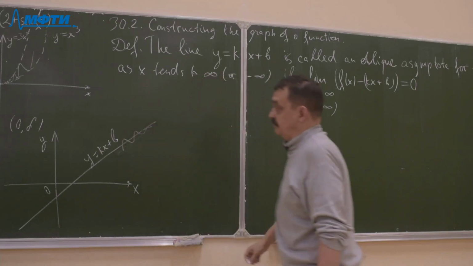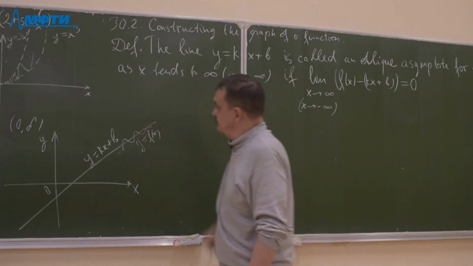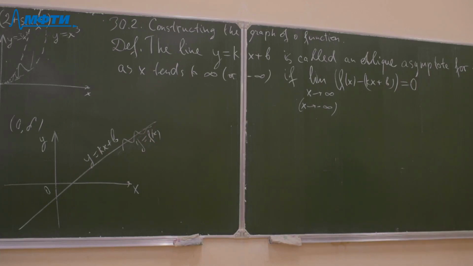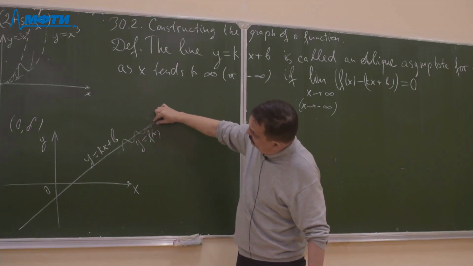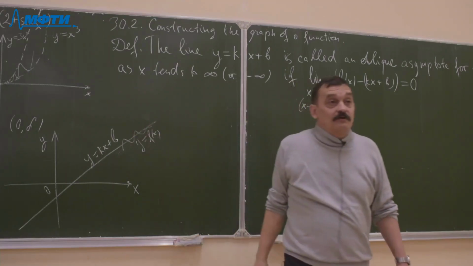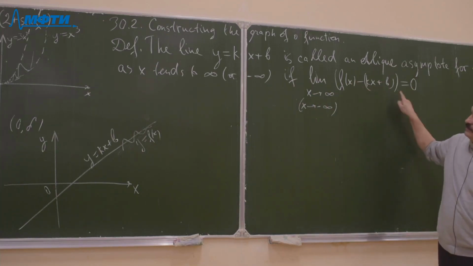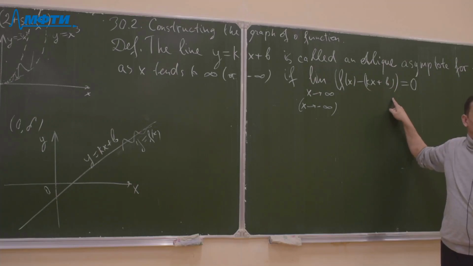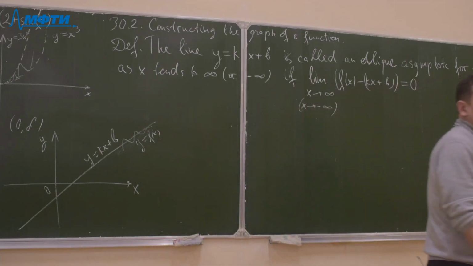It is also an approach. So if it oscillates, but the oscillation becomes smaller and smaller, it is also an approach. The main point is that the limit is 0. That is the limit as x tends to plus infinity, right?